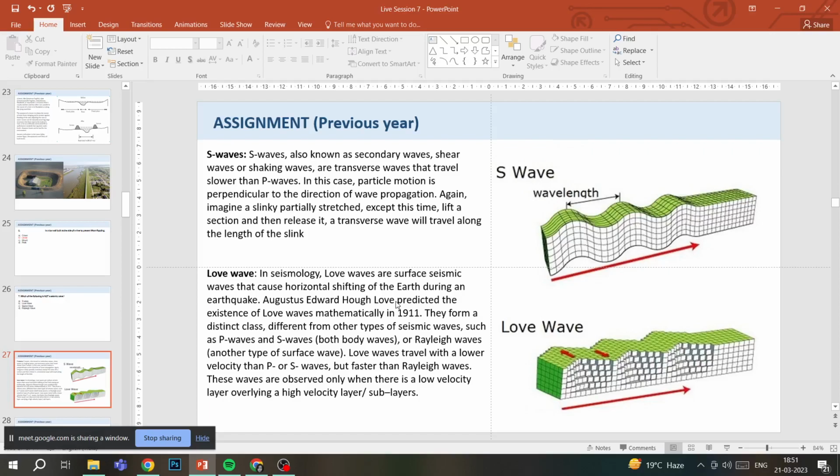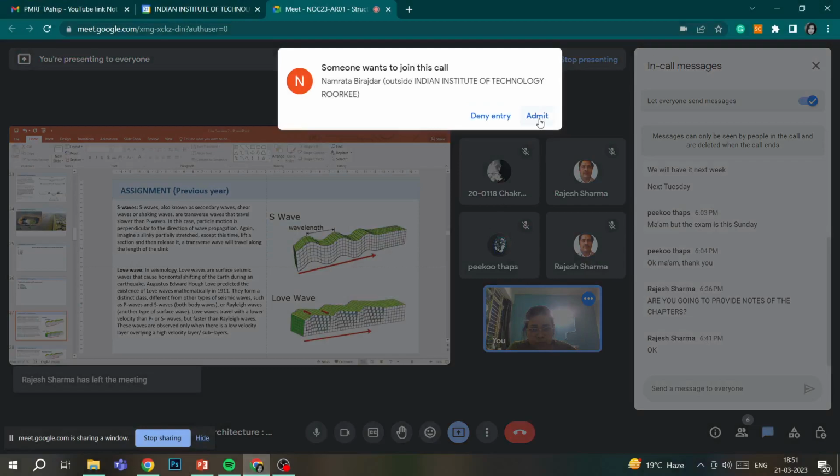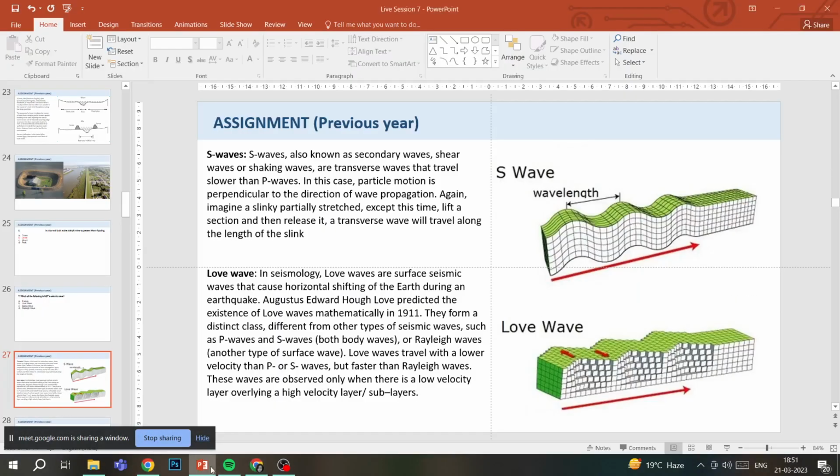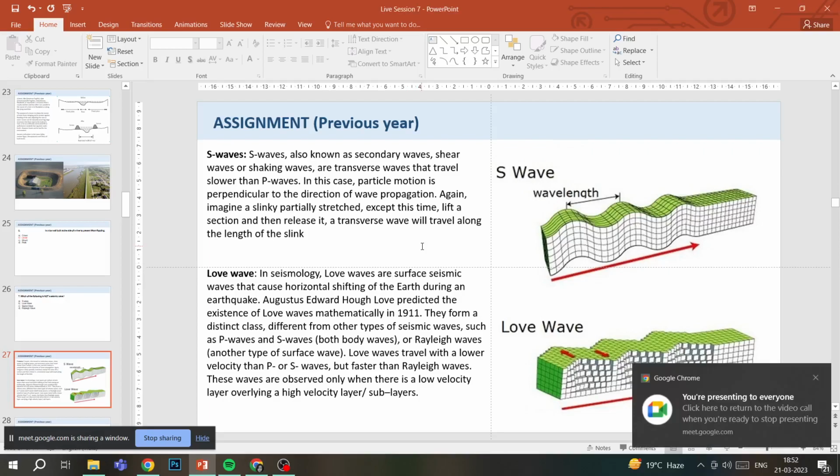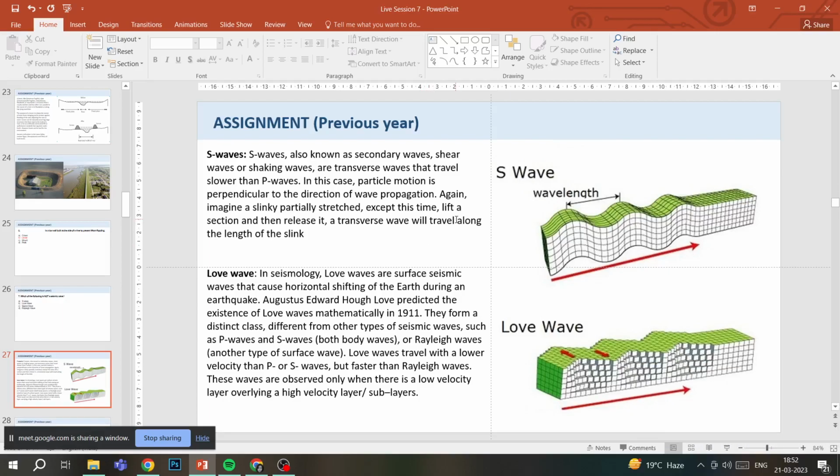And imagine a slinky partially stretched, except this time lift a section and then release it. A transverse wave will travel along the length of this slinky. So this is what an S wave looks like in the image on the right.